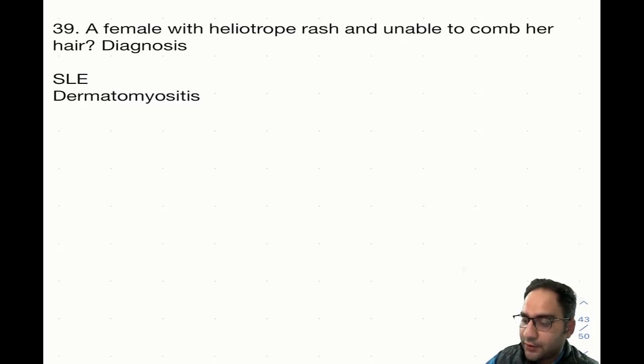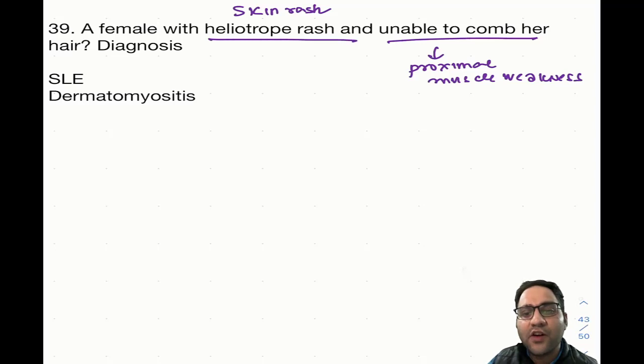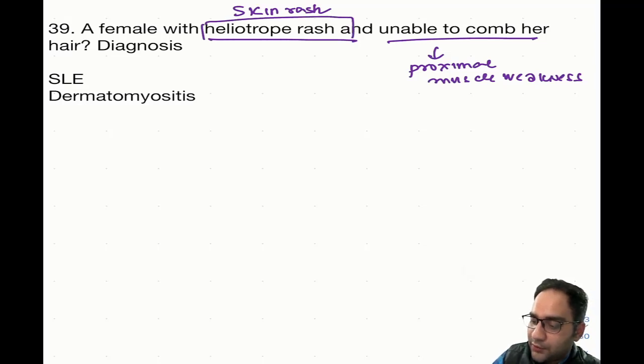So next question. A female with heliotrope rash and unable to comb her hair. That means there is a skin rash, along with evidence of proximal muscle weakness. So the only DD with skin rash and proximal muscle weakness is dermatomyositis.